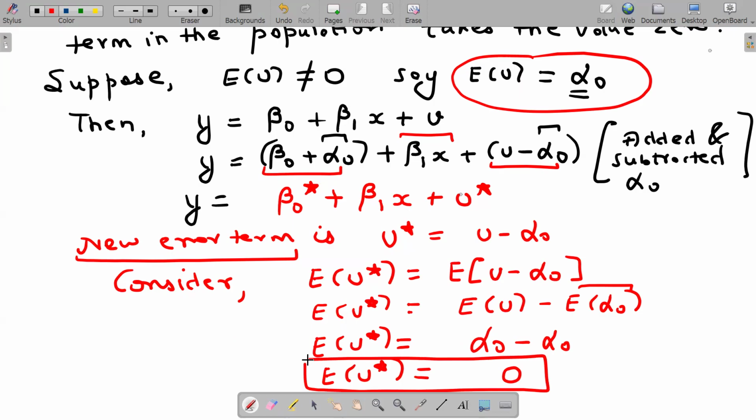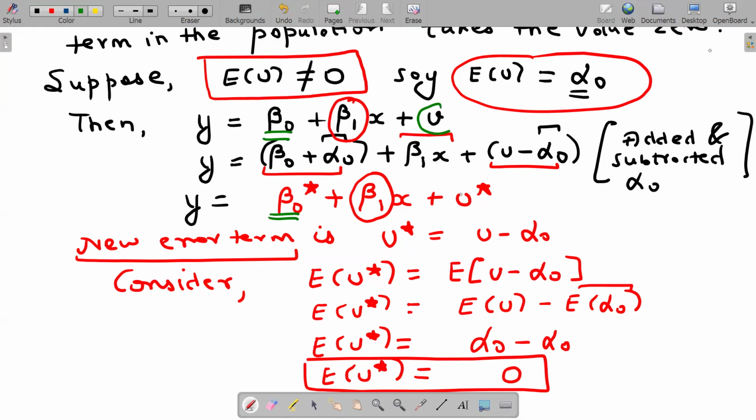What is not changing? In this whole process, beta 1 did not change. The moment I violated the assumption, the moment I said that the expected value of u is not equal to 0, I just simply got a new intercept term. From beta naught, I got beta naught star. And from u, I got u star. But then u star satisfied the assumption that the expected value of u star is equal to 0.